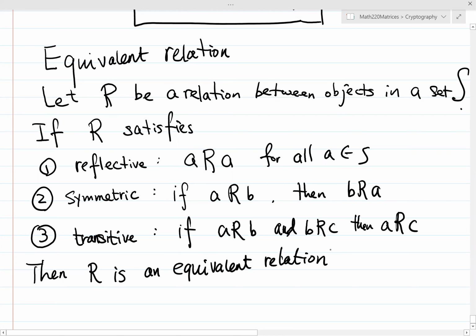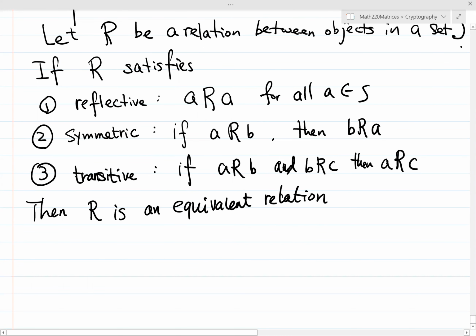For instance, do we have an example of an equivalent relation?